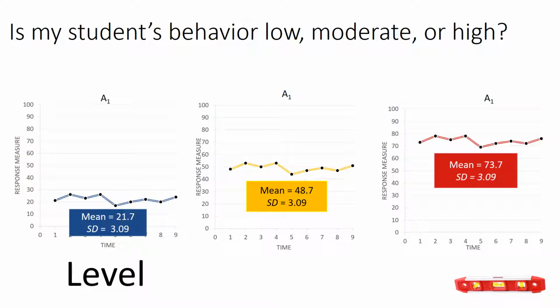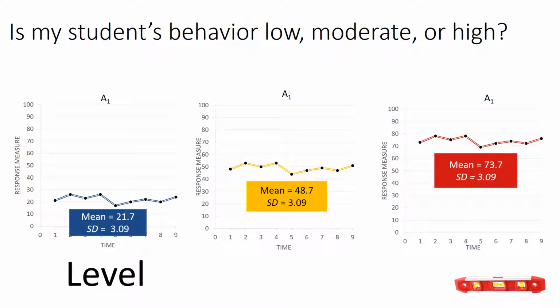The 3 illustrations presented here are all examples of data from the A1 phase baseline condition, meaning regular current practices are being used and the intervention is not in place. In the first example, blue, baseline levels are averaging 21.7 units as indicated by the mean score of the phase. This is relatively low level on this scale of 0 to 100.